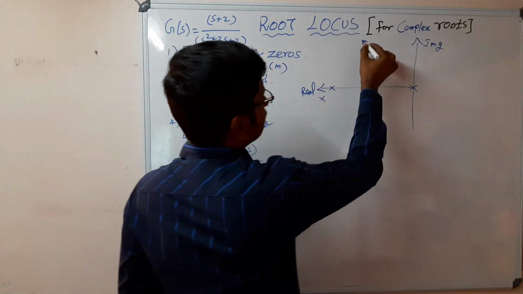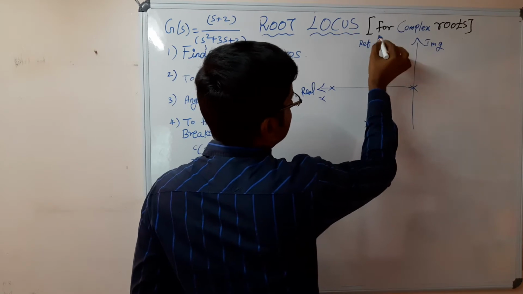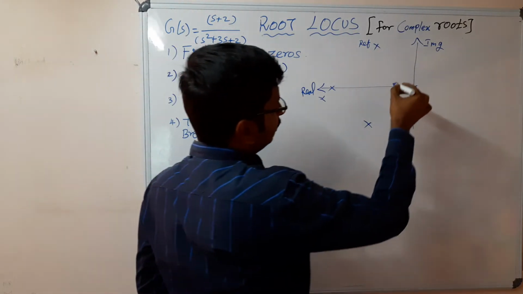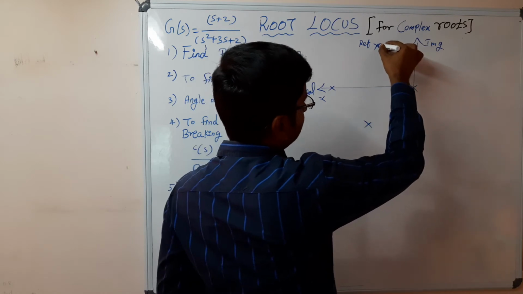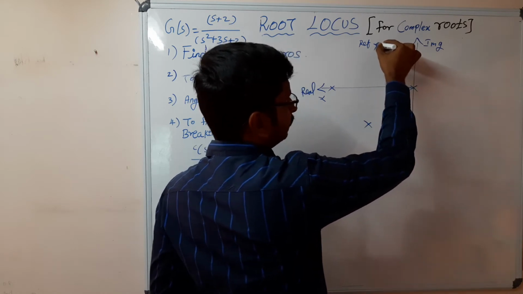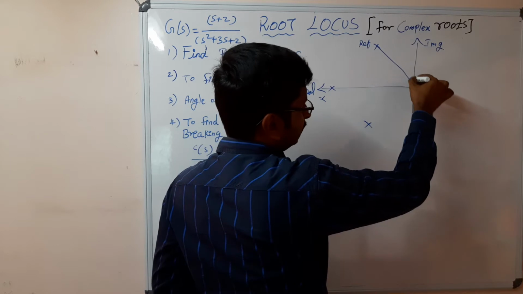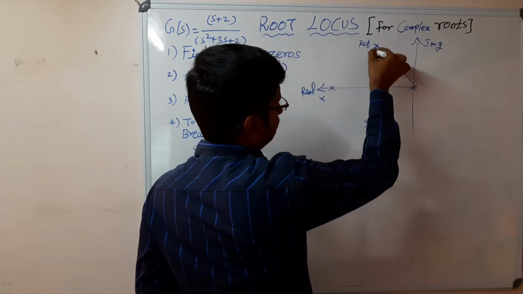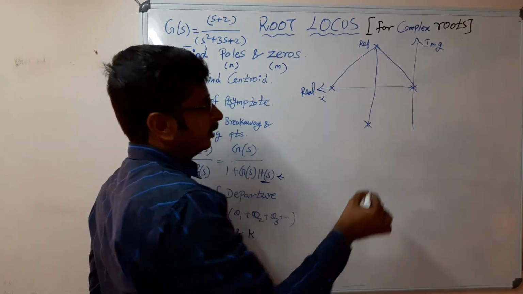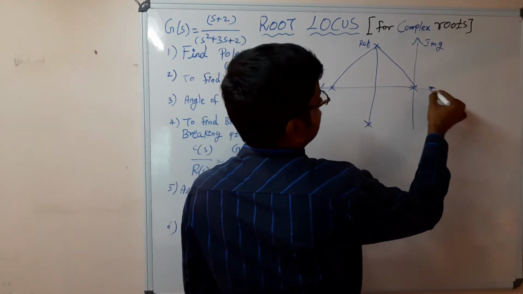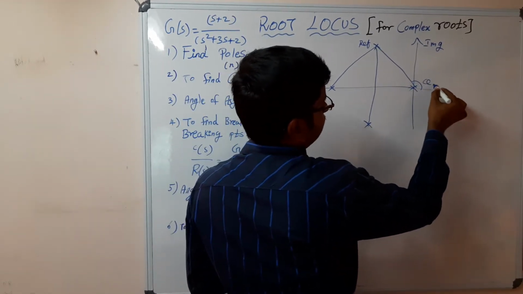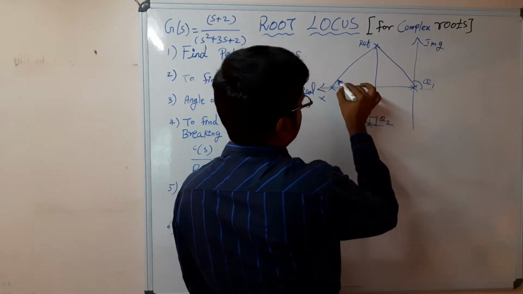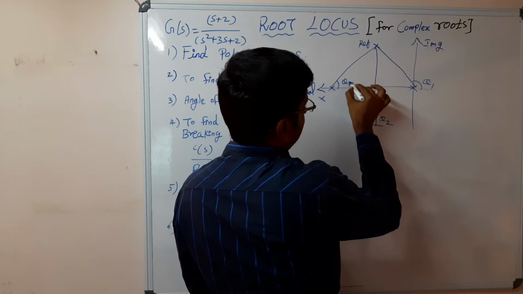Let me assume this as my reference pole, and I am going to join my line to the reference pole. Let me consider this as my theta 1, theta 2, this is theta 3.